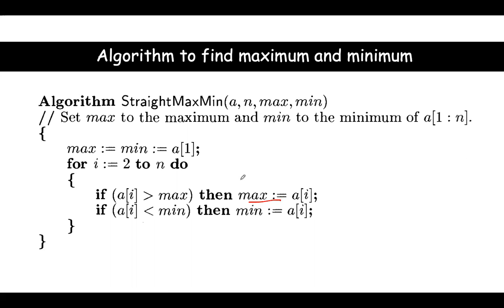At the end of all the iteration for loop, you will have a maximum valued element in max variable. Smallest value element will be there in the min variable. So this is a simple program to find out maximum and minimum element in the given array.